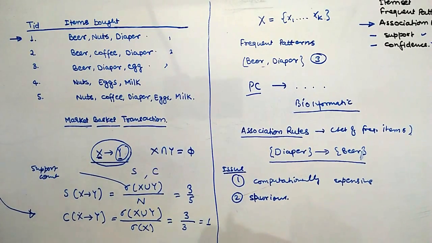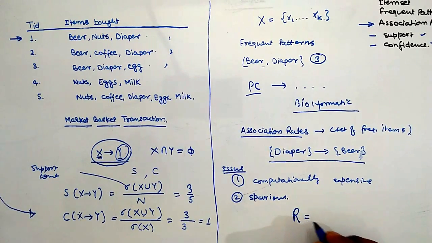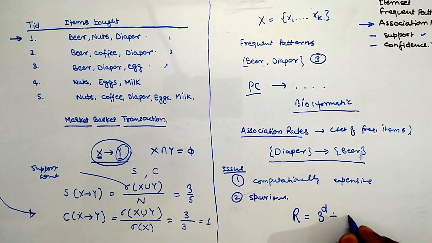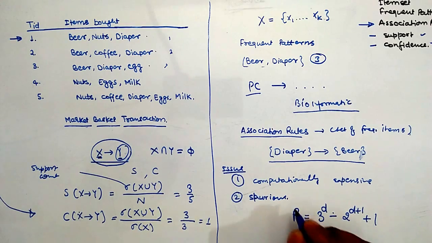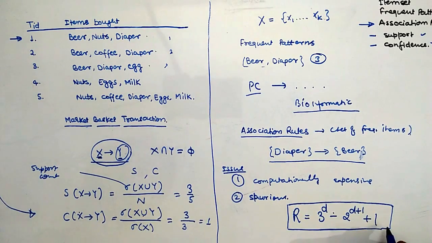From one of the theorems, the number of rules which can be generated from a data set is given by 3 to the power d minus 2 to the power d plus 1, plus 1, where d is the number of items in the transactional database. So if we have d items, then we can generate R rules.